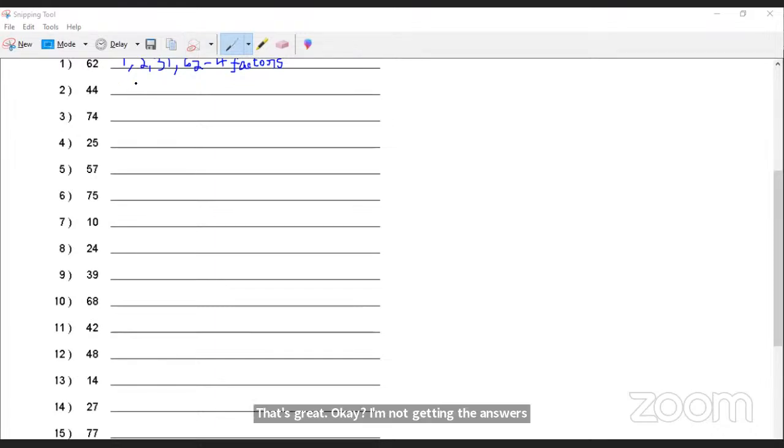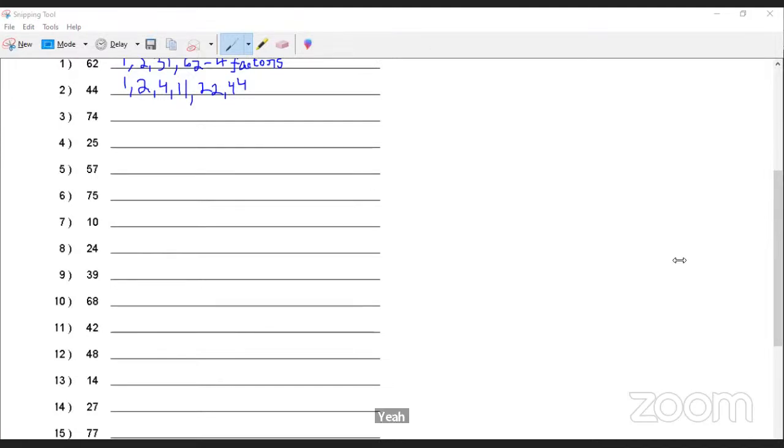So the factors are 1, 2, 4, 11, 22, 44. So 1, 2, 3, 4, 5, 6: 6 factors for the second one. Yeah, so you're missing 22. Check it.